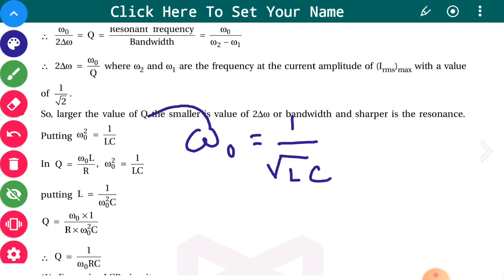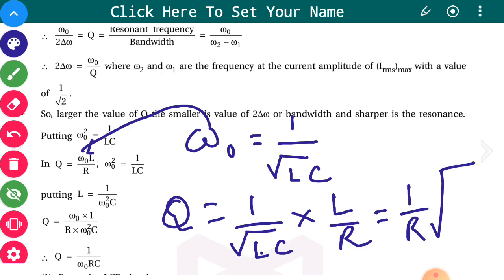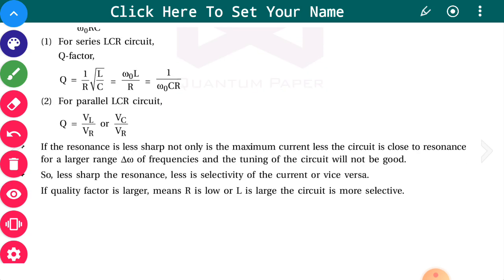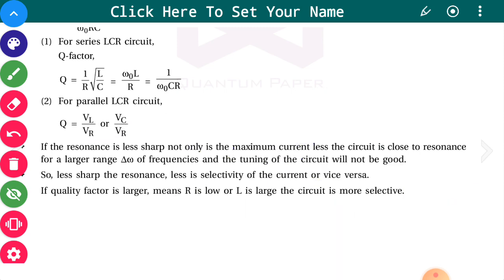So if you place this value here instead of omega 0, then Q is equal to 1 upon under root LC multiplied by L upon R. So it will become 1 upon R under root L upon C. That value is obtained at the end. For LCR circuit you can just replace these values and you can get the answer in any terms, L, C or R. For parallel circuit, Q factor is defined as VL upon R or VC upon R.